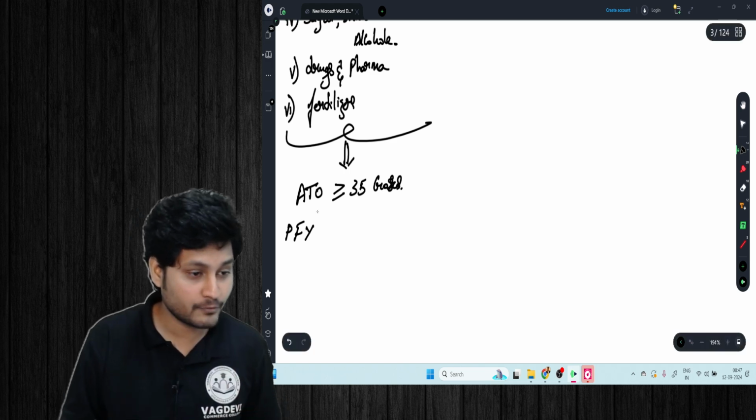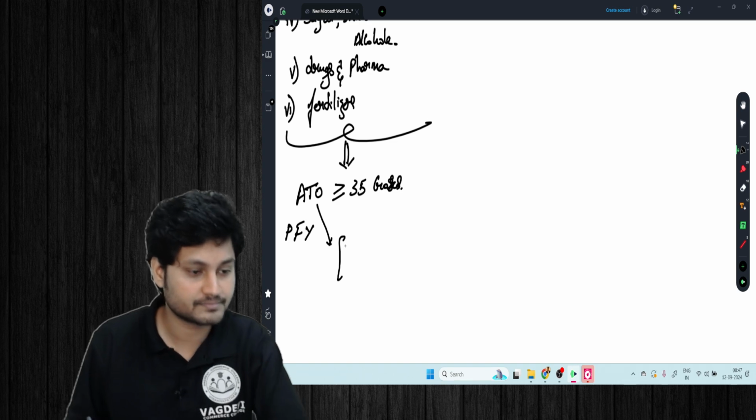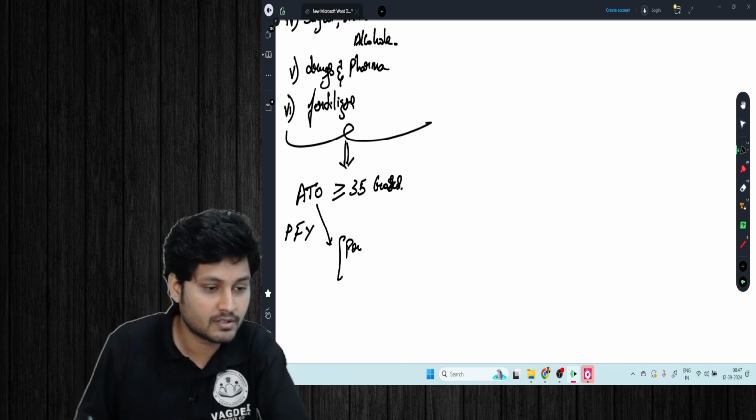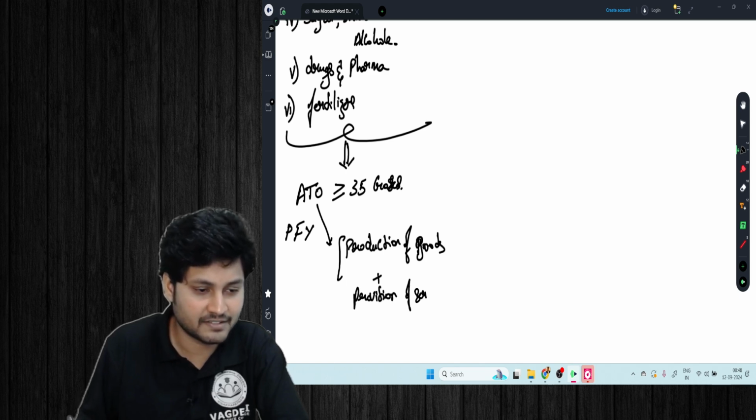And hence ATO is nothing but a combination of production of goods plus provision of services.